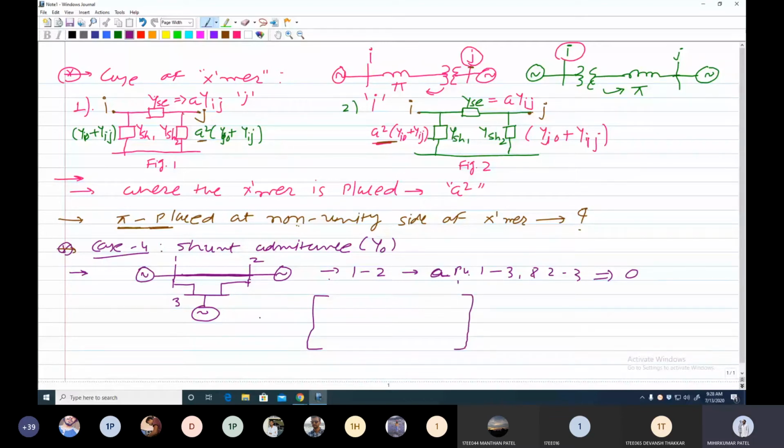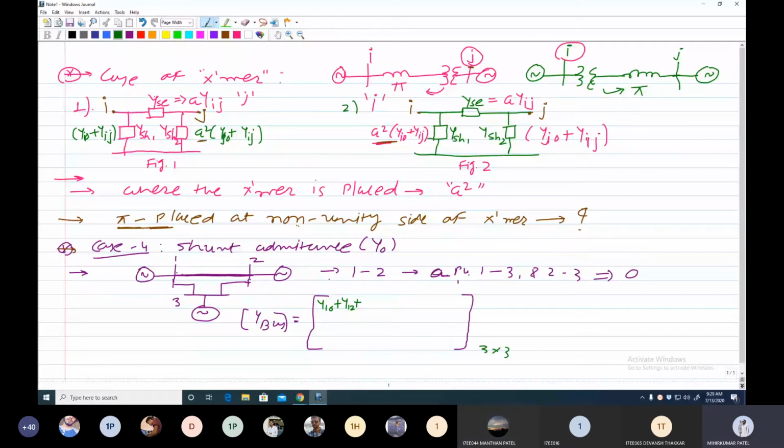First of all, tell me the size of the Y bus matrix for this network. Yes, it is 3 cross 3. Now help me write down the elements of this Y bus matrix. Y11 is equal to Y10 plus Y12, plus Y13.